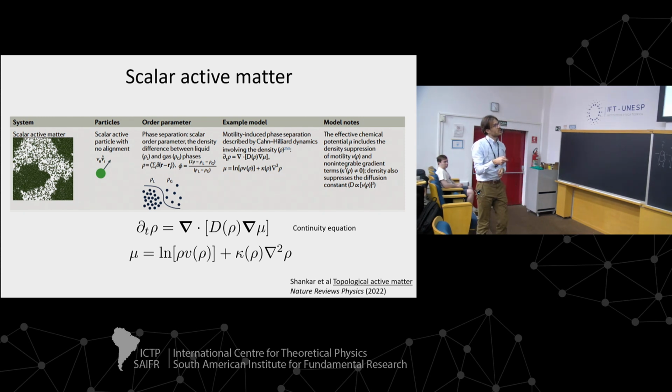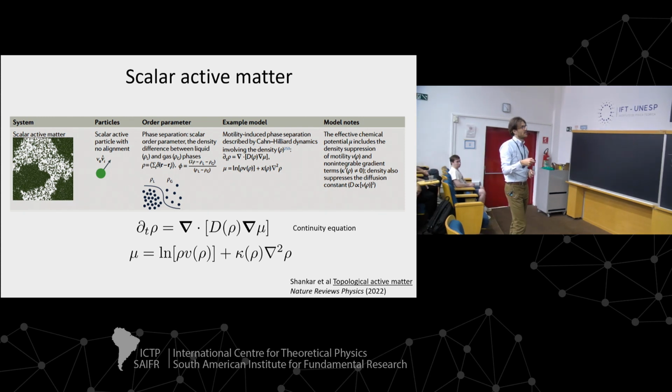But now this continuity equation, which in equilibrium would just be the diffusion equation, can have these strange dependencies on the density and the velocity locally of the fluid.